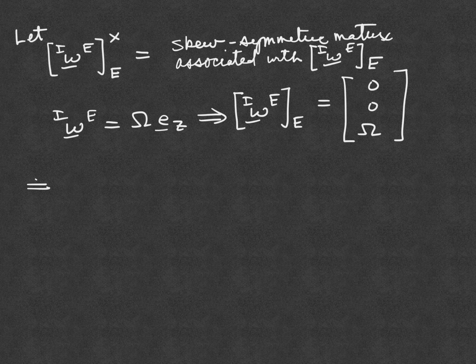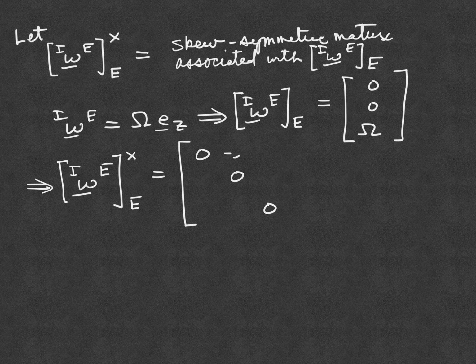So from that, if we follow the rule that I just described, we get minus omega, omega, and then we get zeros everywhere else.